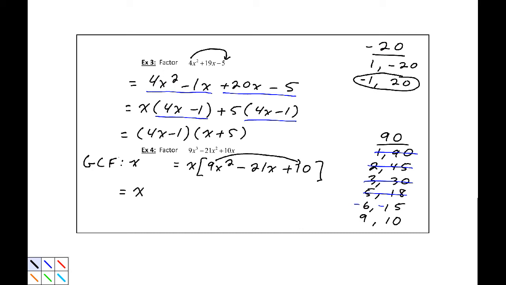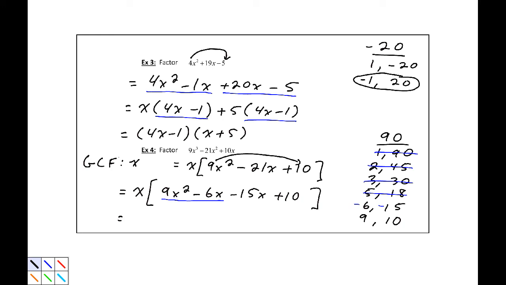All right, equals x. Now I'm going to go use these to factor. The x that I factored out as a greatest common factor, I'm going to leave outside of my brackets because I'm about to put parentheses in a moment. So this is going to be 9x squared minus 6x minus 15x plus 10, and close my bracket. I'm going to group the first two, 9x squared minus 6x.